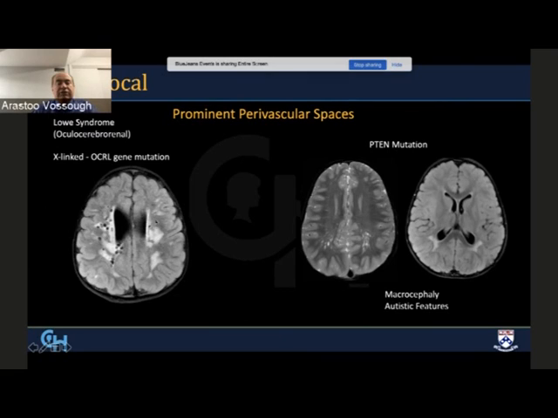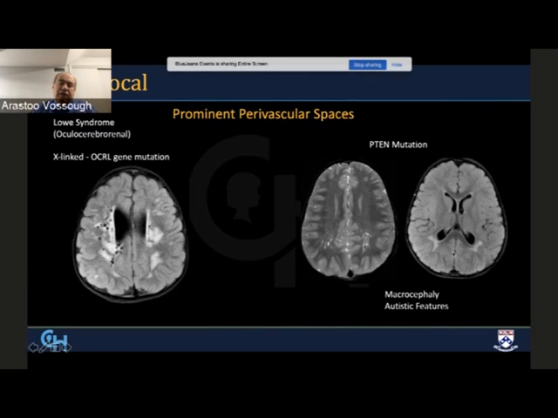You can see these patchy, multifocal areas of white matter signal abnormality with multiple cystic changes associated with it. This is a patient with a PTEN mutation. Many of these patients have macrocephaly and autistic features, and we can see these areas of posterior periatrial abnormality with prominence of the perivascular spaces.